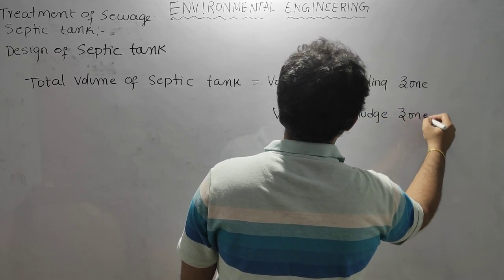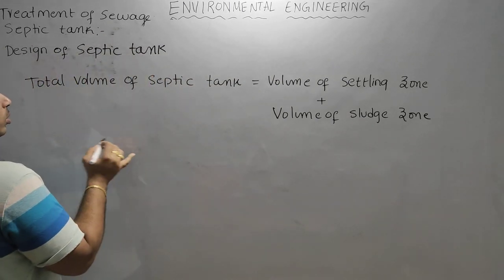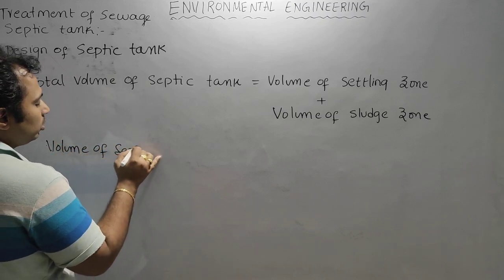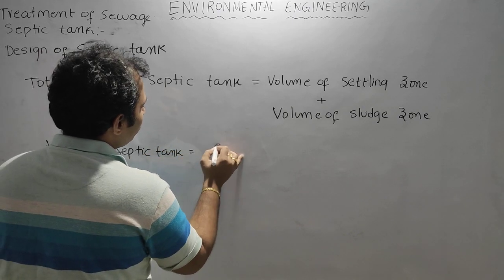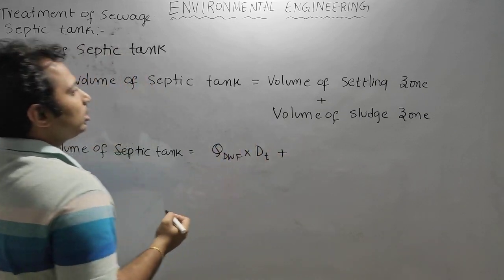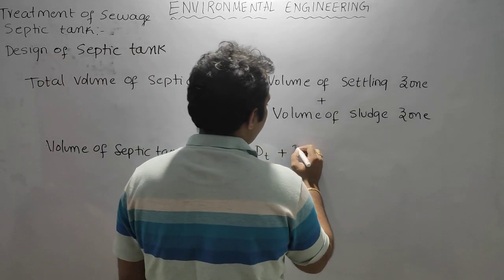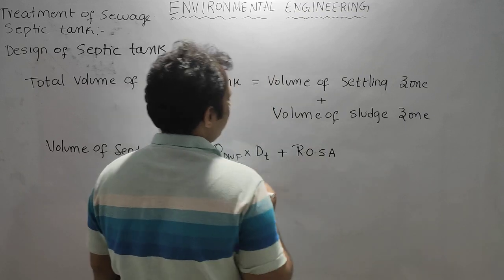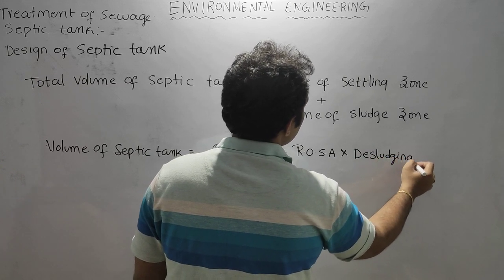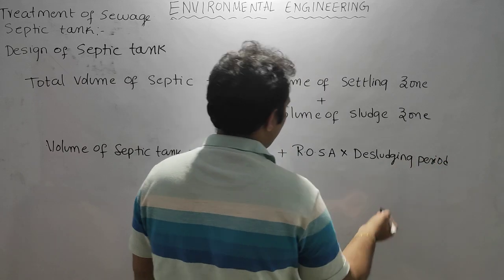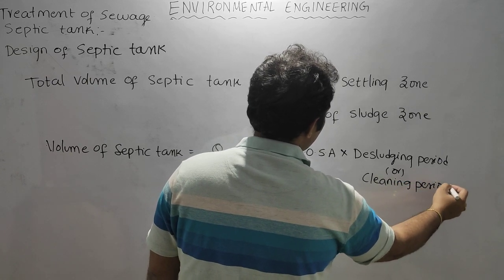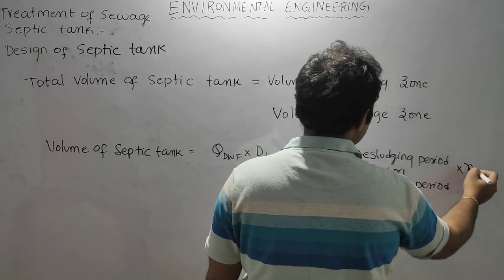The volume of the settling zone is the dry weather flow multiplied with the detention time of the settling tank, plus the rate of sludge accumulation into the desludging period, or simply the cleaning period, multiplied by the number of users.